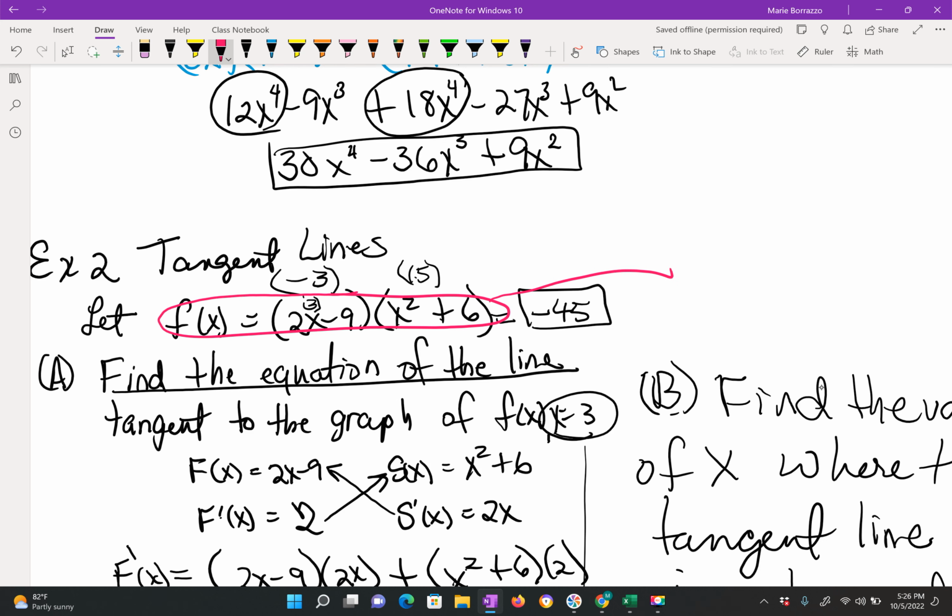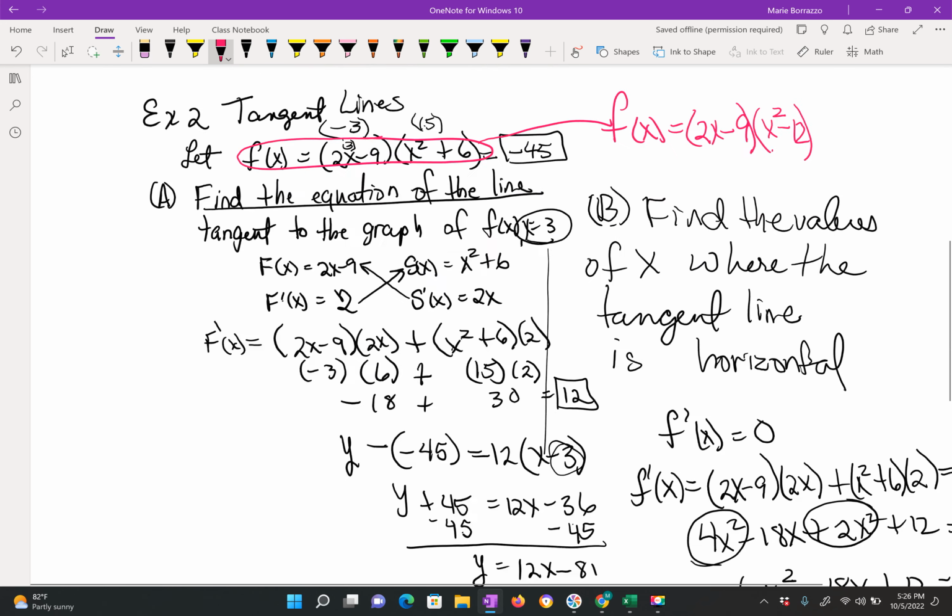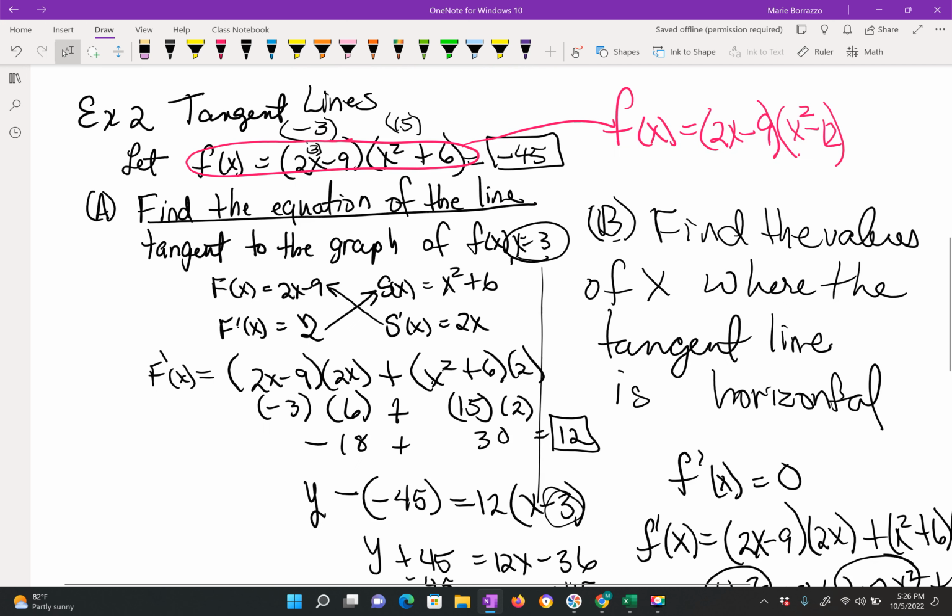This is going to get switched out, and we're going to make f of x equal to 2x minus 9 times x squared minus 12. And we're going to repeat the example. So if you want, we could just start with part A. Everything is the same up until x equals 3, just a different equation.